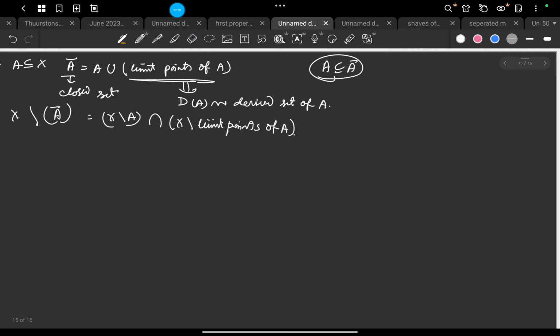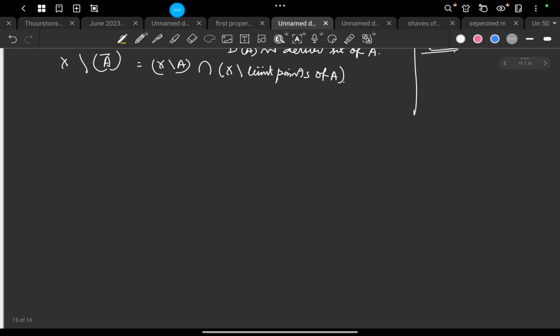Now suppose A is a set. A can be inside some other closed sets. So what is the speciality of A closure? A closure is the smallest closed set containing A. How can I prove it?